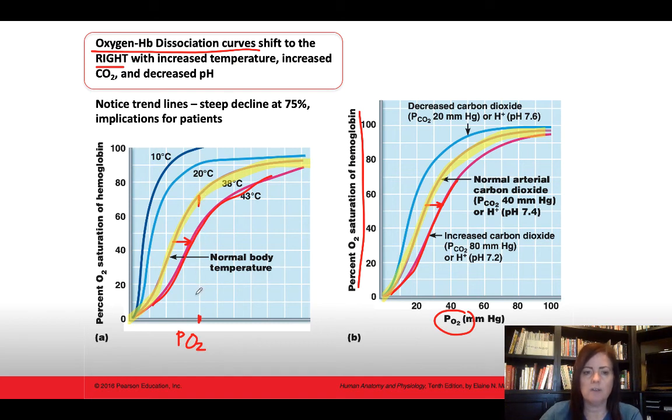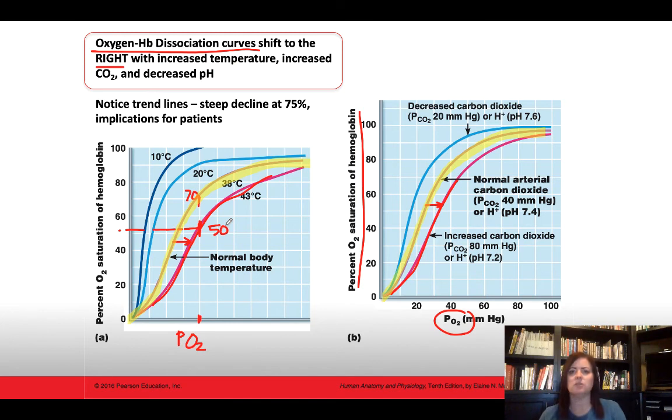What we see is at that same partial pressure with a higher body temperature, we now have a percentage of hemoglobin that's saturated closer to about 50% saturation. So it just went down from 70% to 50%.